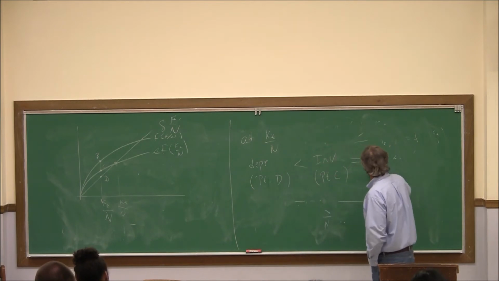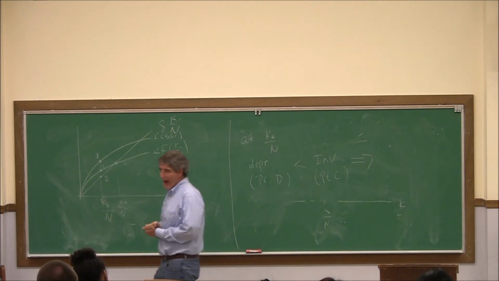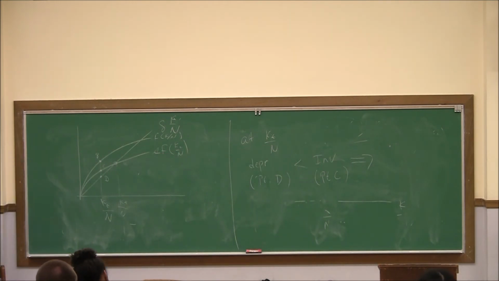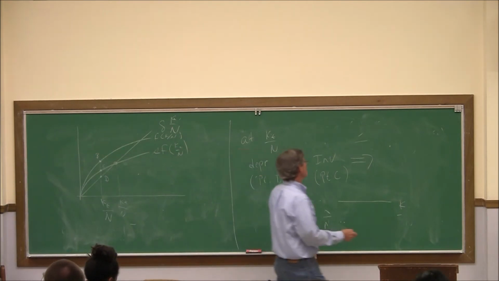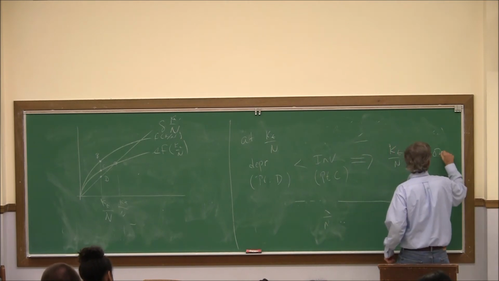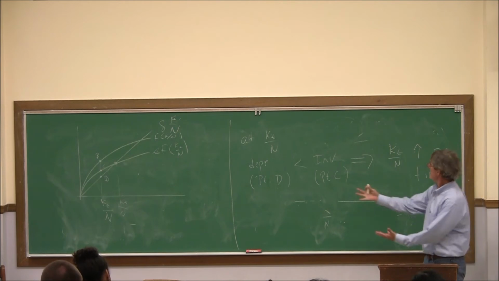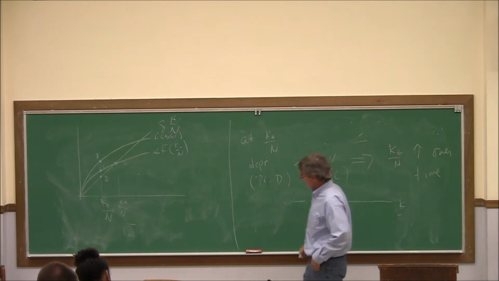So what is happening to k over n in that case? If you're adding more, investing more, and you're taking away less, it must be that the capital stock is growing in time. So this would mean that k_t over n is rising over time, because you're adding more than you're taking away.